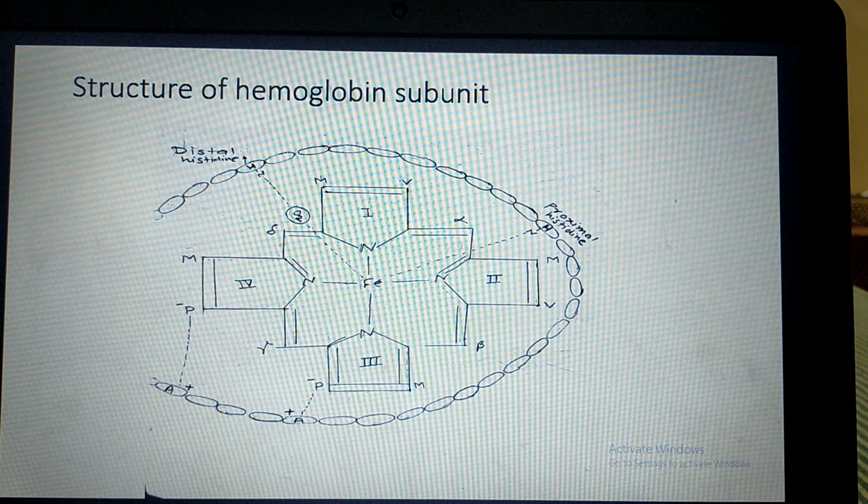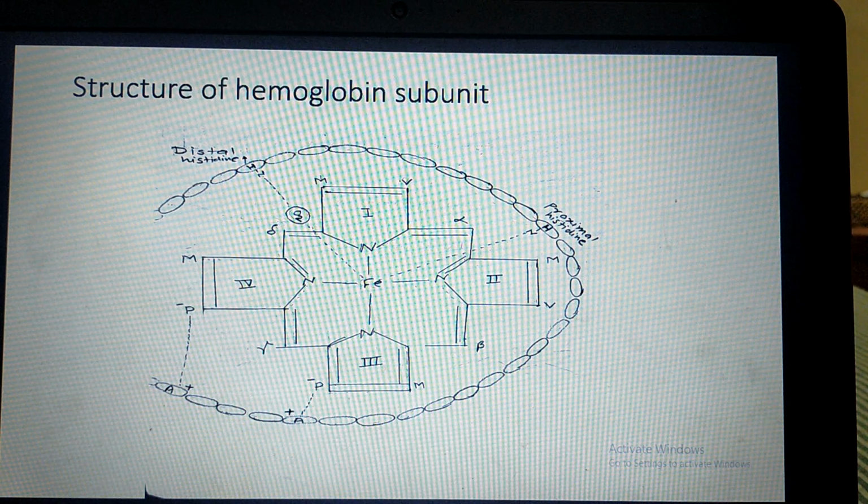We have just studied 141 amino acids in alpha chain and 146 amino acids in beta chain. Out of these amino acids, a few histidine amino acids are present in the globin chain. Histidine is an amino acid. Now, 2 histidine molecules are important here. They are called proximal histidine and distal histidine.